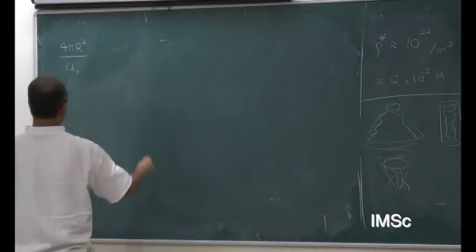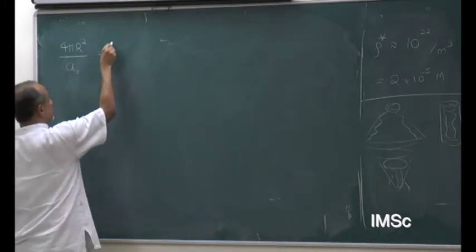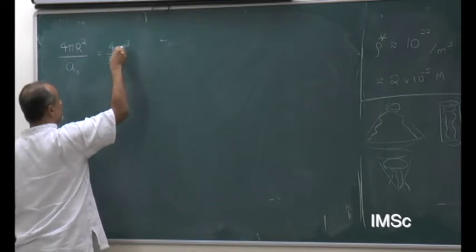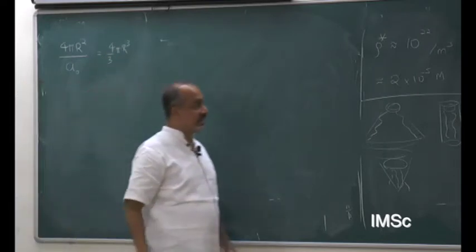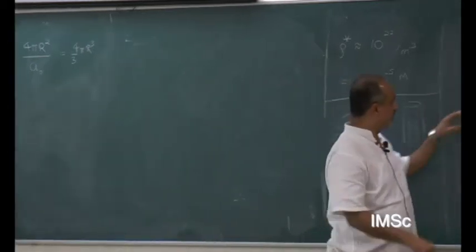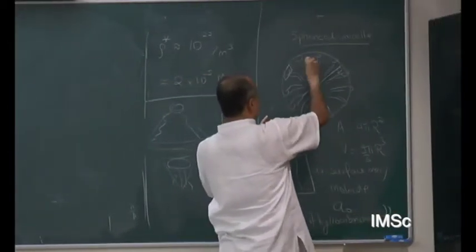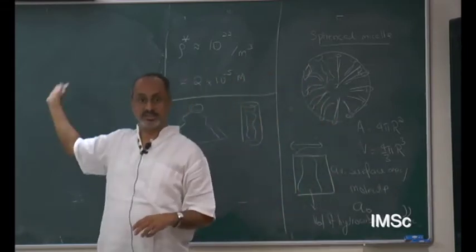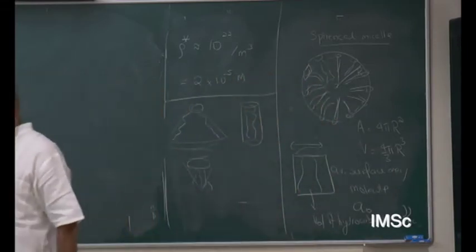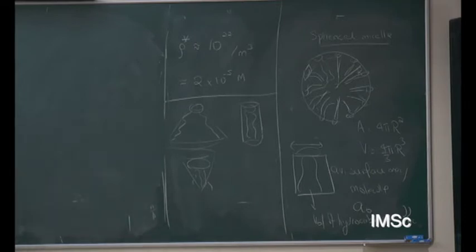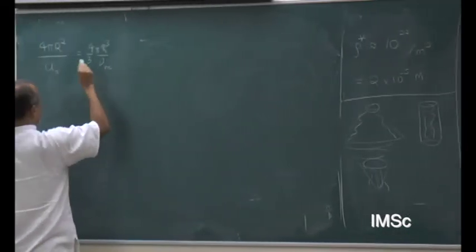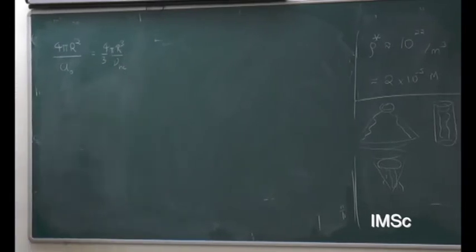But this also has to be consistent with the fact that if I take the full volume, 4/3 pi r cubed, and subdivide it by the volume occupied by all of these hydrocarbon tails, these numbers should be the same, because they're counting the same thing. They're counting the number of molecules inside. So 4/3 pi r cubed divided by nu Hc, these two numbers should be the same.